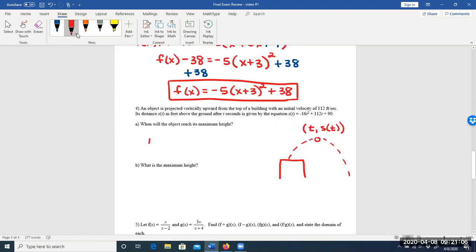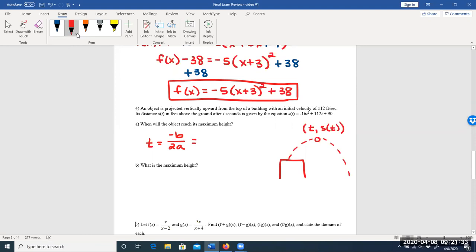So to calculate t for the highest point, we have a formula, and that is negative b over 2a, where the a and the b that I'm referring to are the coefficients of the t squared and the t.